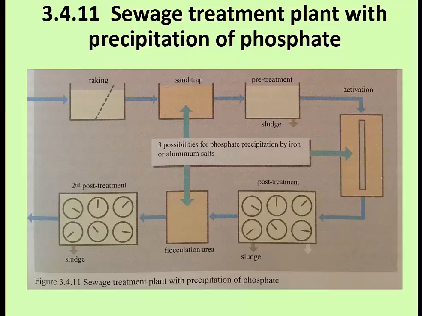Now the problem with phosphates is that they contribute to what's known as eutrophication. And there are different levels that you can have in lake systems. Eutrophication is when a lake or a body of water has become completely nutrient saturated. The water contains as many nutrients as it can hold, which sounds like it could be a good thing, but the problem is there are so many nutrients and so much food source for things like plankton and algae that you get these huge algae blooms, you get an overwhelming amount of plankton.